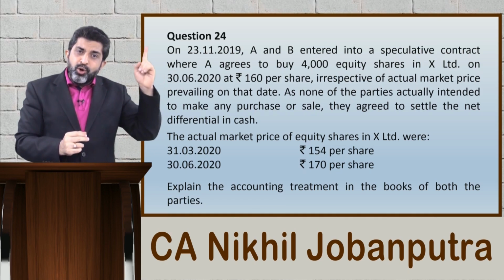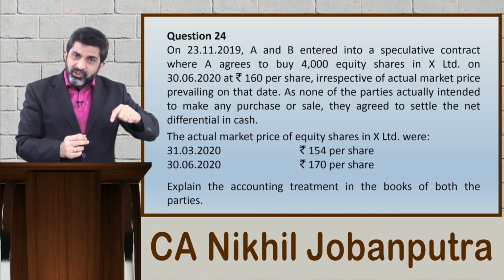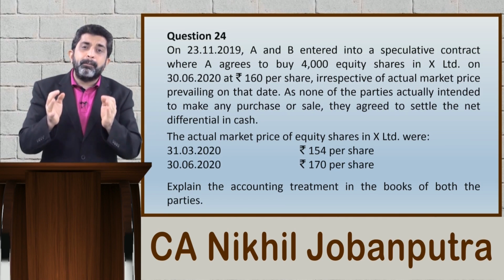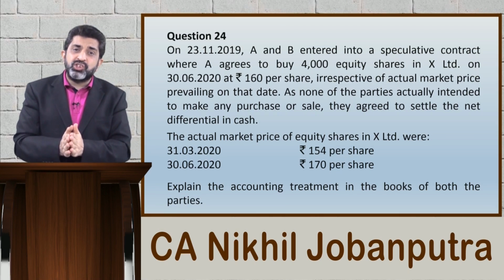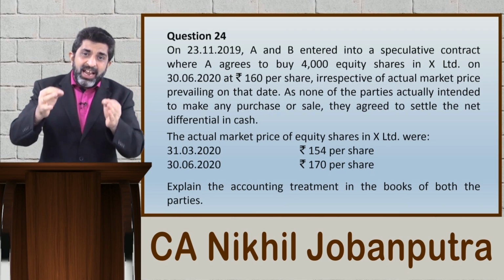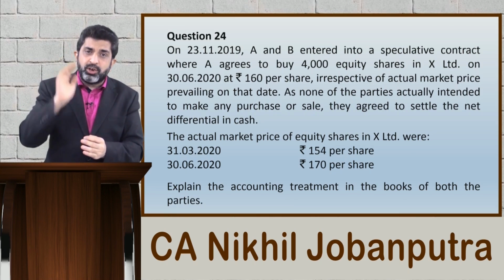That means something whose market price is 170, I have agreed to purchase at 160. I have got a benefit of rupees 10 per share multiplied by 4,000 shares. I have a financial asset to be recognized in my books on 30th June amounting to rupees 40,000.